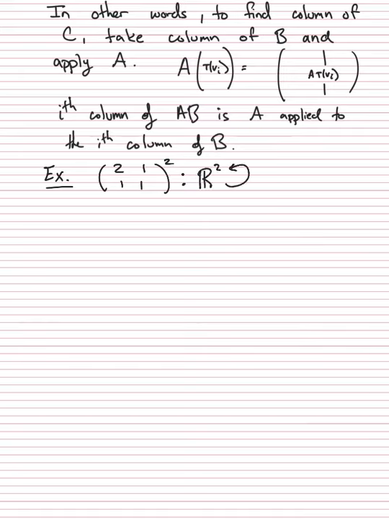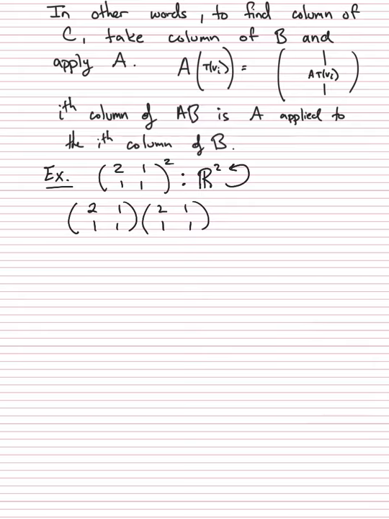We saw this linear transformation before. Since it goes from R2 to itself, you can compose it an arbitrary number of times. So you take 2, 1, 1, 1 and multiply it by 2, 1, 1, 1 to get the composition.